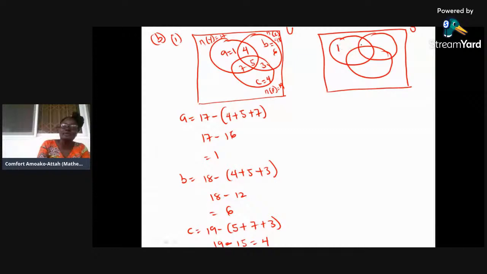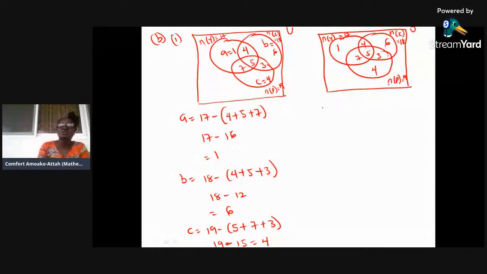So we have A to be 1, B to be 6, C to be 4, 4, 5, 7, and 3. Okay, so we can now add everything up. Then you have your answer. So simple, right? But there are some petty things you don't bring, then you get a mark deducted. Please ensure you bring your n number of.